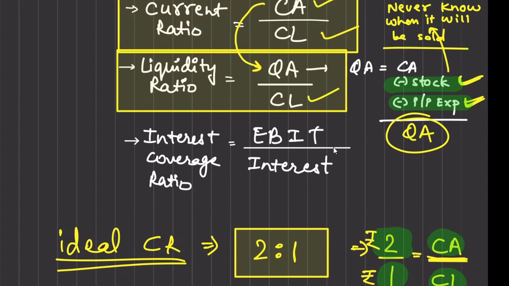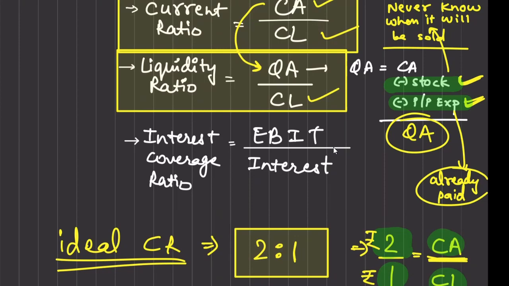And prepaid expenses is nothing but you have already paid for this. I have already paid for this, but it is showing on the asset side because we are yet to receive the benefit from it. We will never receive the cash from the prepaid expenses. We will receive the services from the prepaid expenses. So that is why we have deducted the stock and the prepaid expenses.